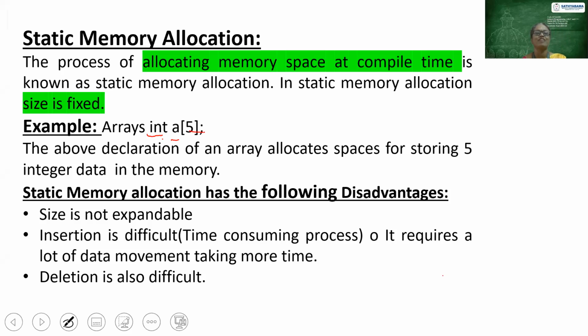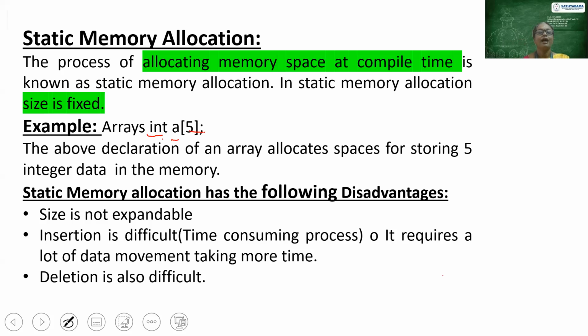What you understand from that is that I cannot increase my memory size. Some disadvantages are listed for static memory: the size is not expandable. Once I gave 5, it is 5 only. In runtime, I cannot change it. At compile time, during my programming code, I can change it, but at runtime the size cannot be changed.